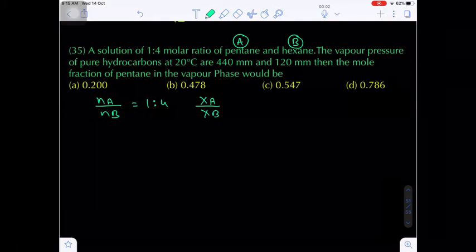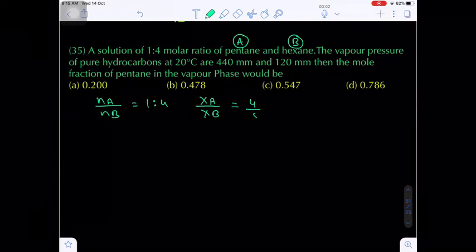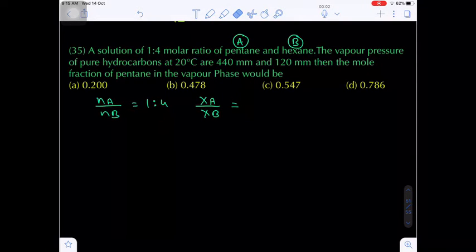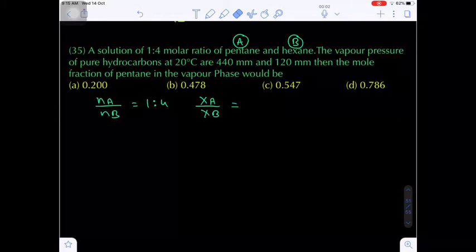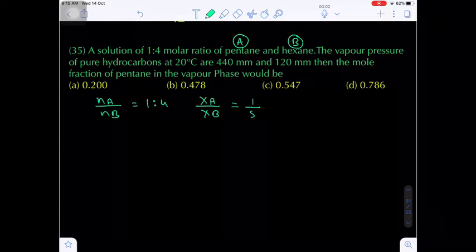That means the number of moles of component A will be 1 into X, and the number of moles of B will be 4 into X. So to find the mole fraction of component A, that will be 1x upon 5x, so 1 by 5. Are you getting my point?